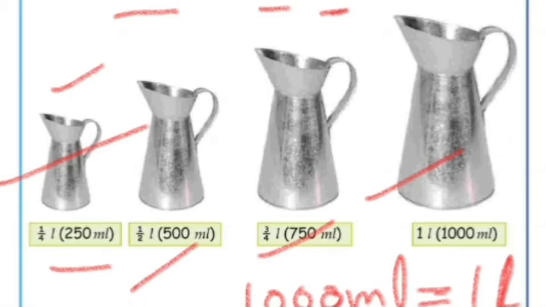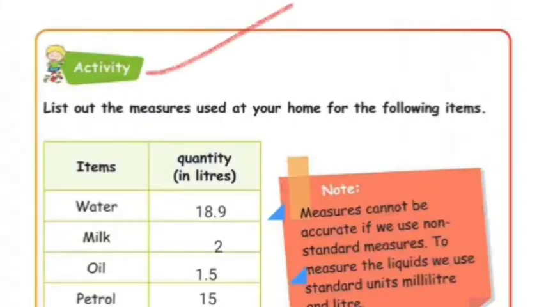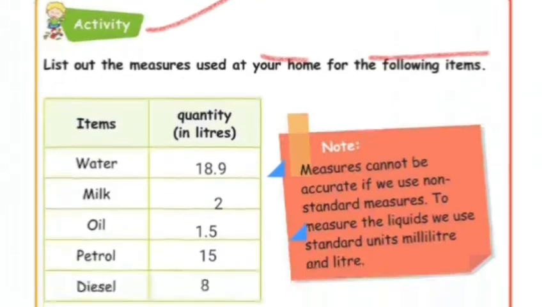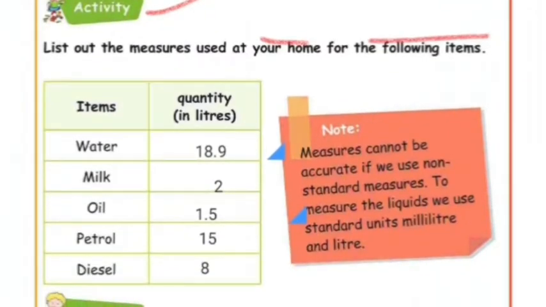Here is the activity: list out the measures used at your home for the following items. For example, usually we use these items in our daily life.